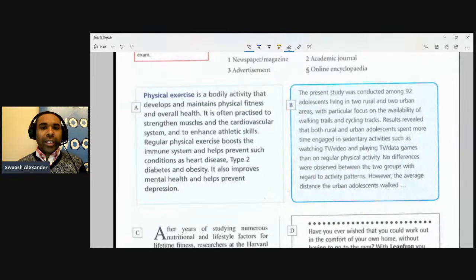So A would be number 4. Or it might be easier just to write the number next to it. We've got the term to begin with, and then we have an explanation as to what this term means. So that would be the answer for A.